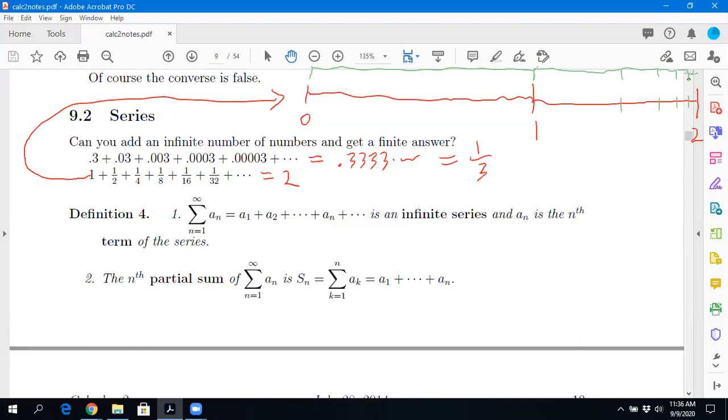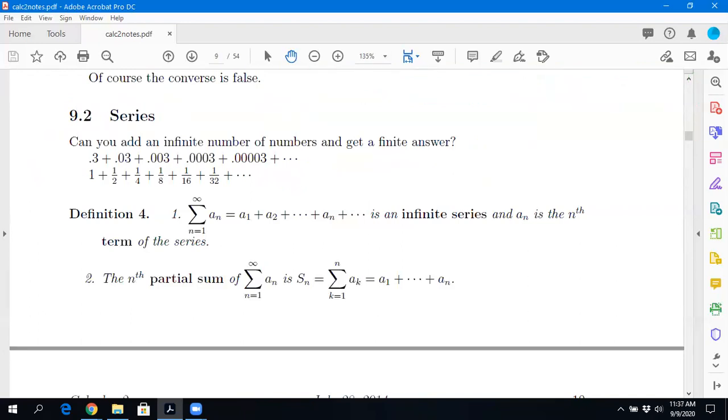Notice I'm saying series converge, not sequence necessarily, although we're going to have a sequence that is connected to every series that we're going to be obsessed with. All right, so let's define what a series is. A series, and incidentally, do you guys remember summation notation?